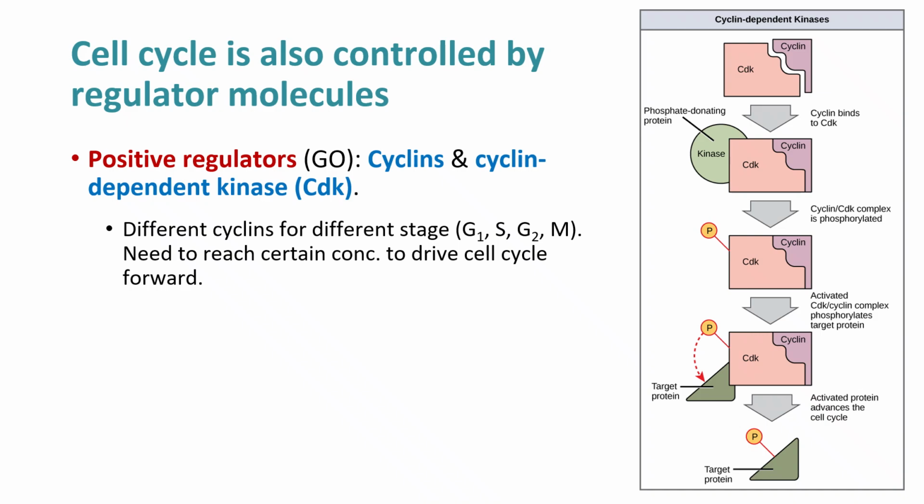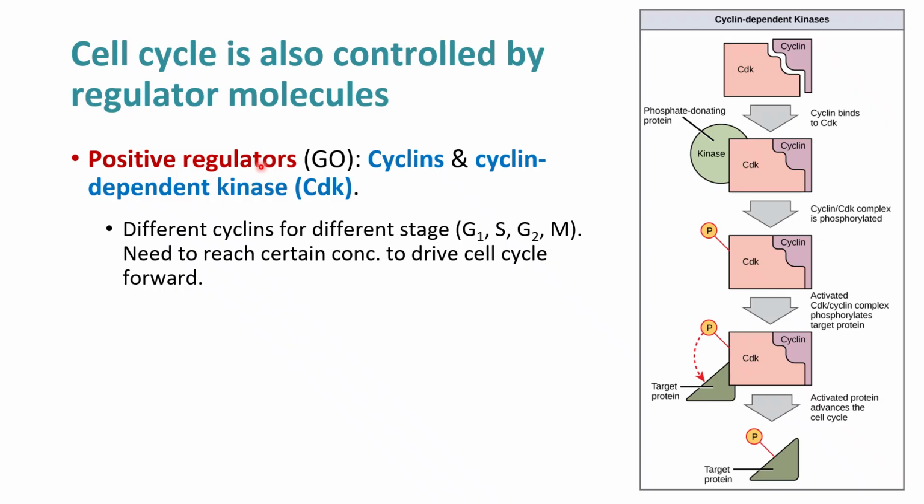In addition to the various chemical and physical factors, there's also a specific group of molecules that are used by the cells to regulate the cell cycle. So just like the stop and go-ahead signals, some of these regulator molecules are positive regulators, while others are negative regulators.